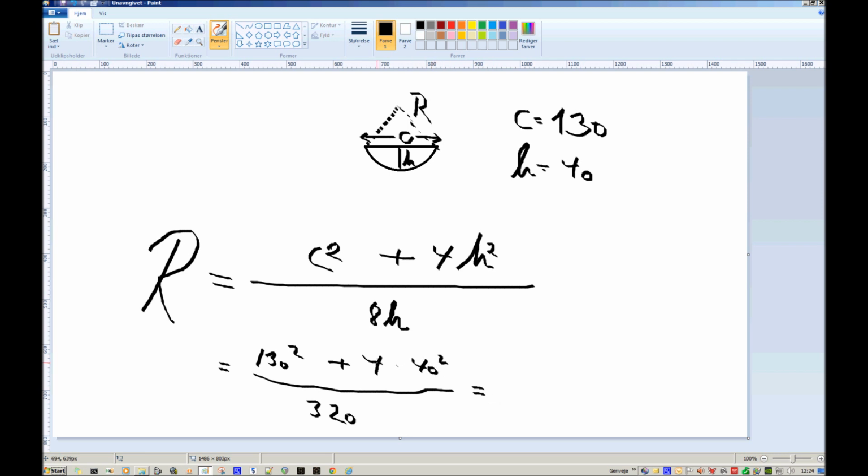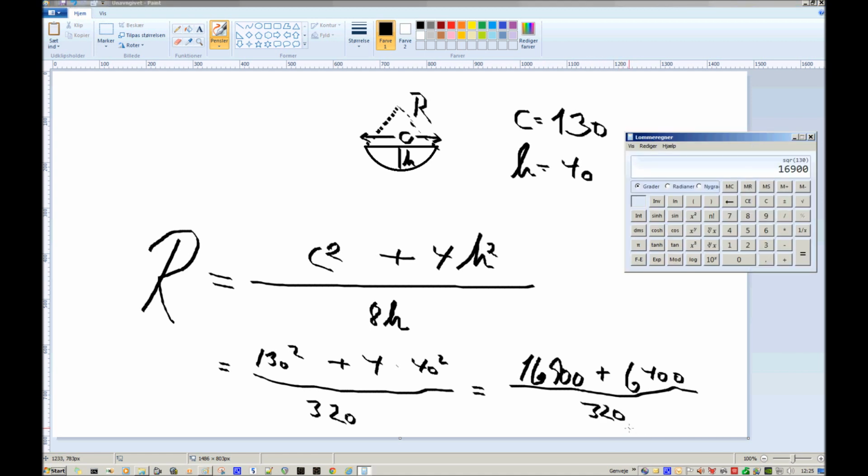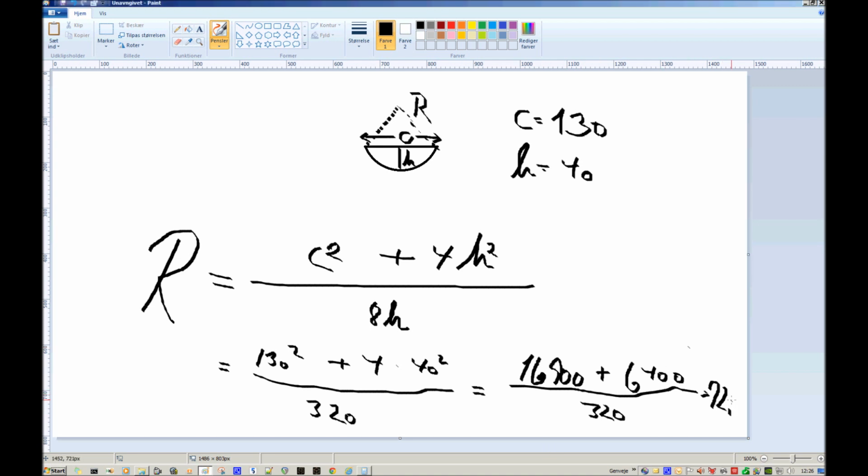That's 1600 times 4, and if we calculate that, then we say this number plus 6400 divided by 320, 72.8 millimeters. That's 73 millimeters. That's how the radius is calculated.